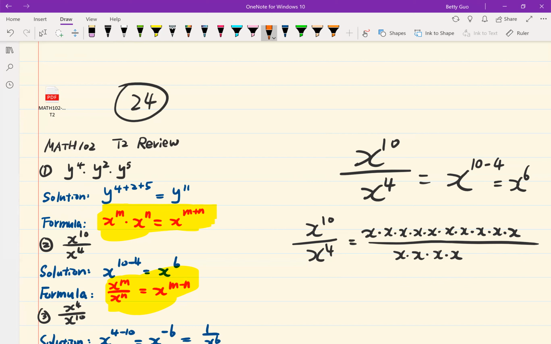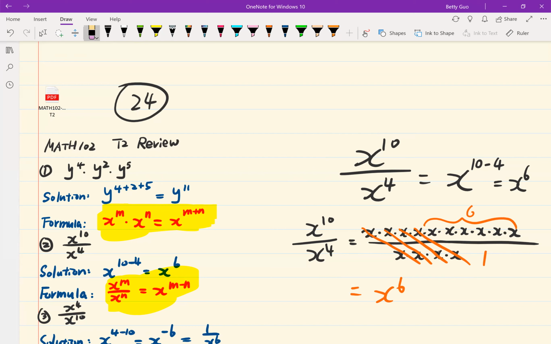If numerator and denominator of a fraction have a common factor, then a common factor could be cancelled. So this will be cancelled, cancel, cancel, cancel. They cancel each other, they become 1. Denominator becomes 1. Numerator, we have 1, 2, 3, 4, 5, 6, 6 x's there, and that gives us x to the power 6.